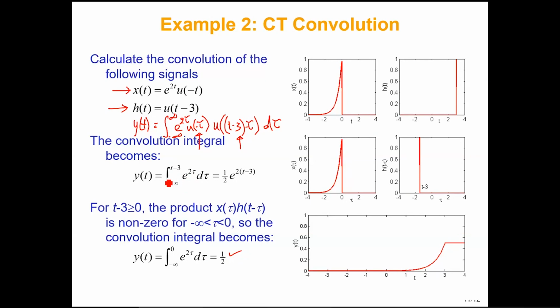And for the range where t minus 3 is less than 0, this becomes minus infinity to t minus 3, and it is 1 by 2 e raised to the power of 2 into t minus 3. This is for t minus 3 less than 0, and this is for t minus 3 greater than 0. So two ranges right here, and we end up getting our answer.